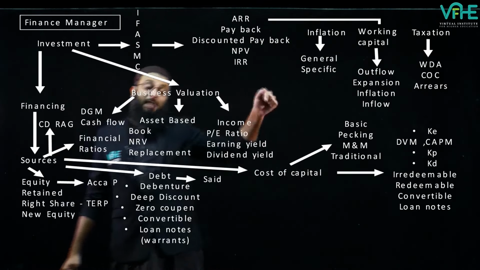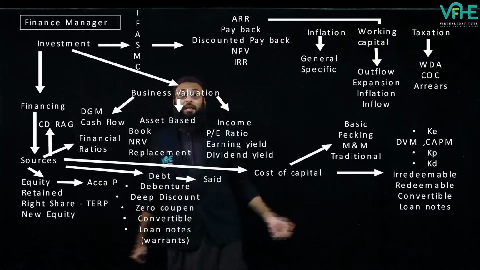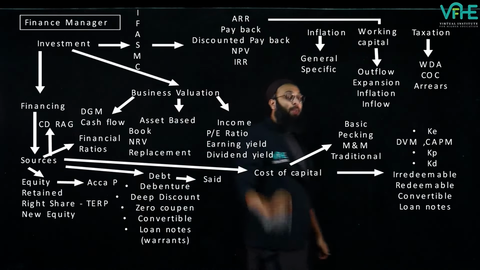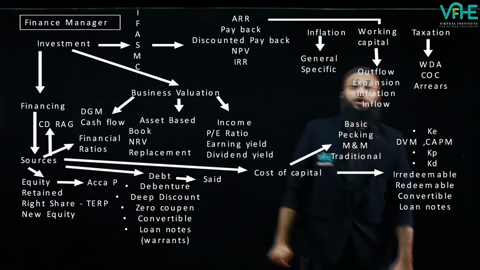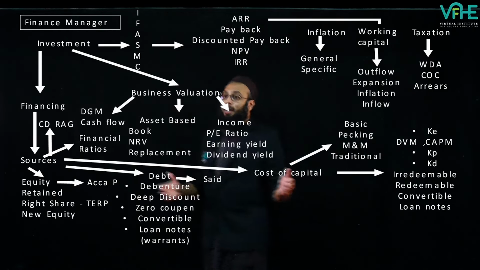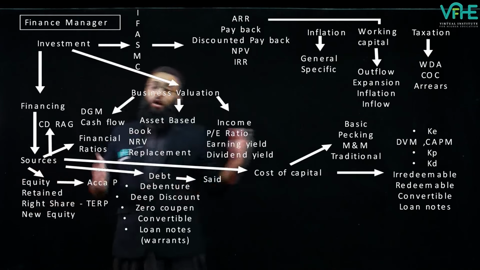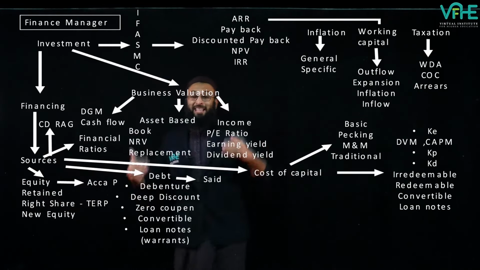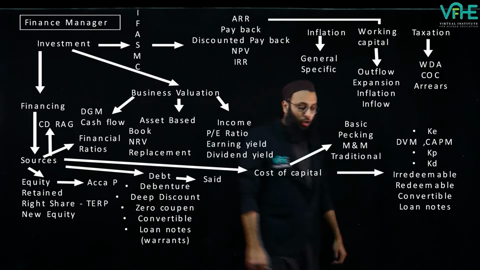Remember, EPS will be of the target company, whereas PE ratio will be of the proxy. Proxy means the target company's listed competitor or the target company's listed industry PE ratio.